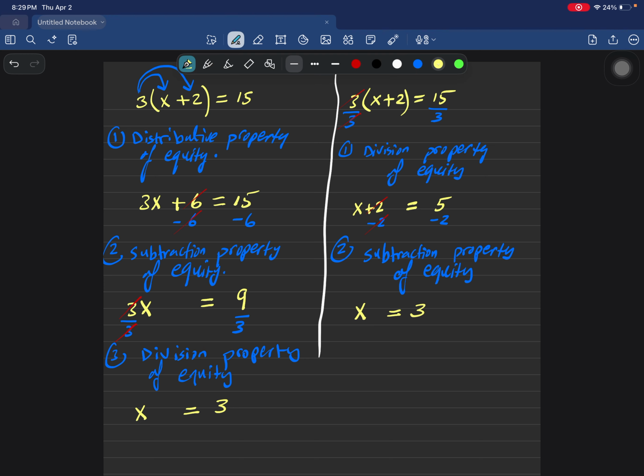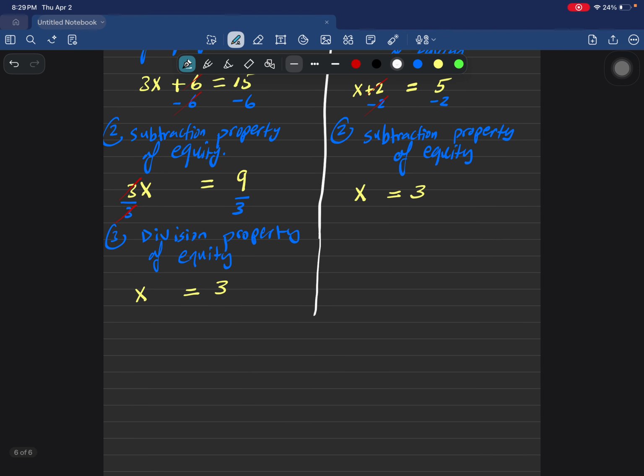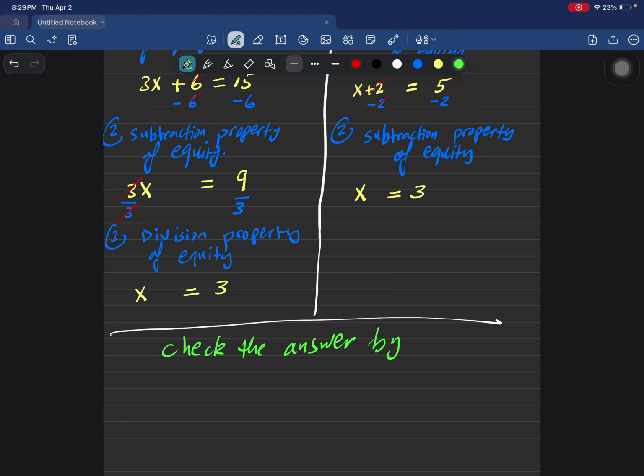We can, of course, check the answer. So we can check the answer by substituting 3 for x, like this.